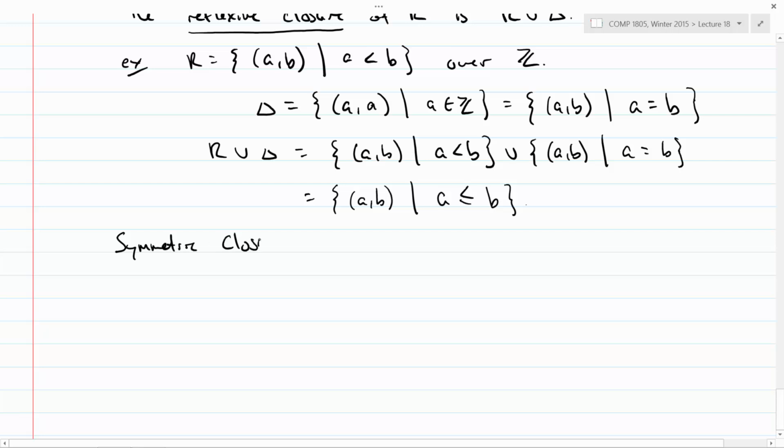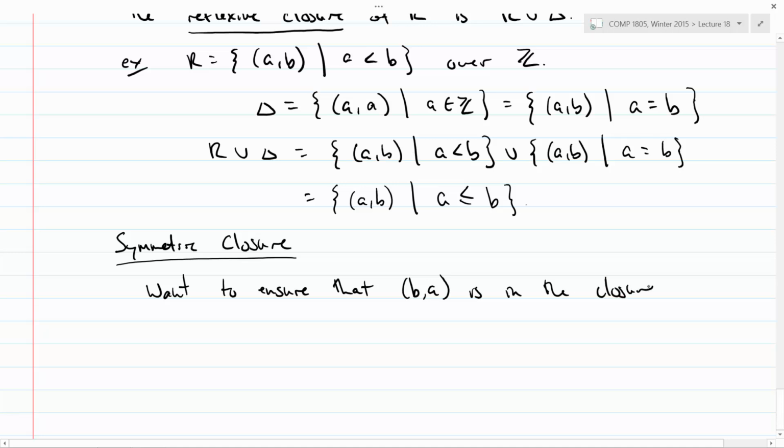For the symmetric closure, we want to ensure that (b, a) is in the closure whenever (a, b) is in the original relation. That's what we'd like to do.